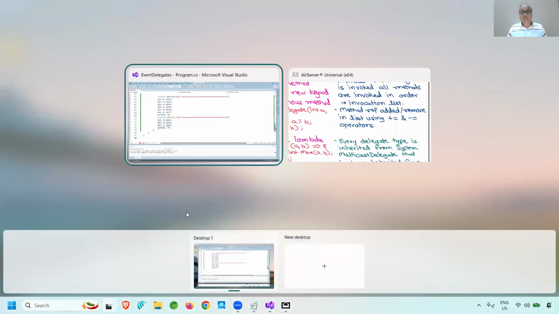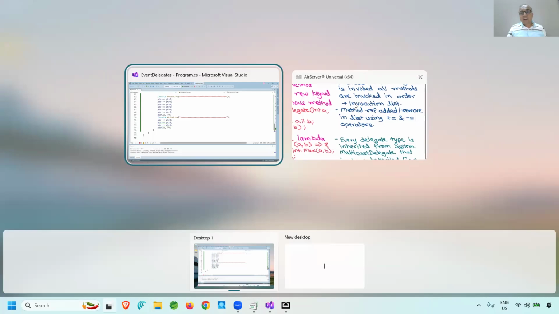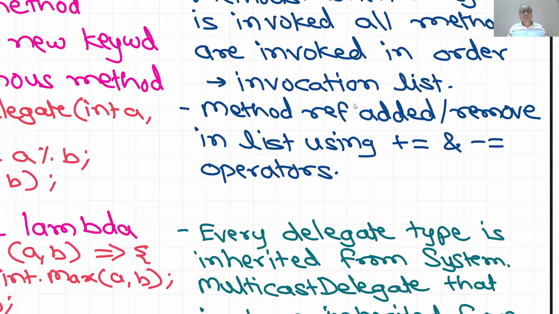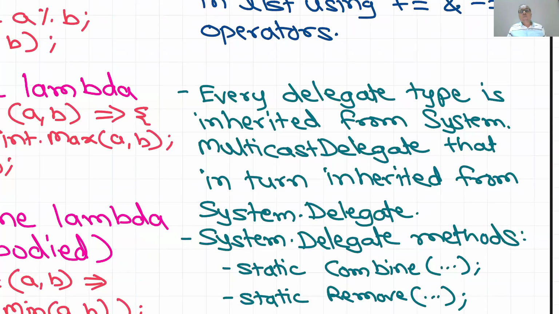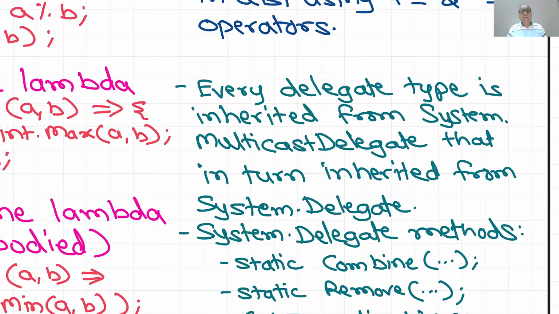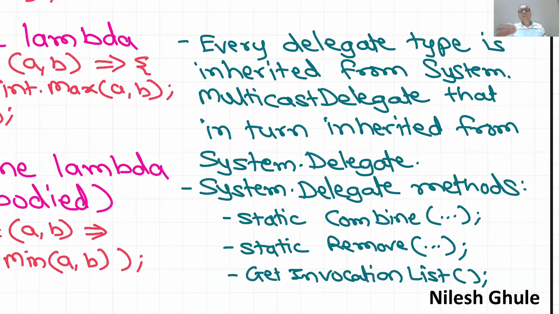For your information, whenever we declare a delegate type, that delegate type is inherited from System.MulticastDelegate, and that System.MulticastDelegate is in turn inherited from System.Delegate, which is in turn inherited from System.Object.